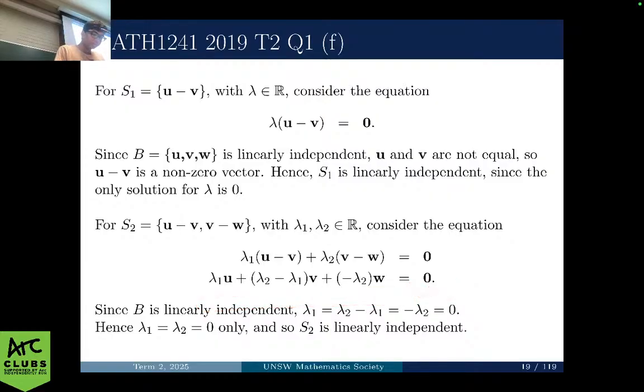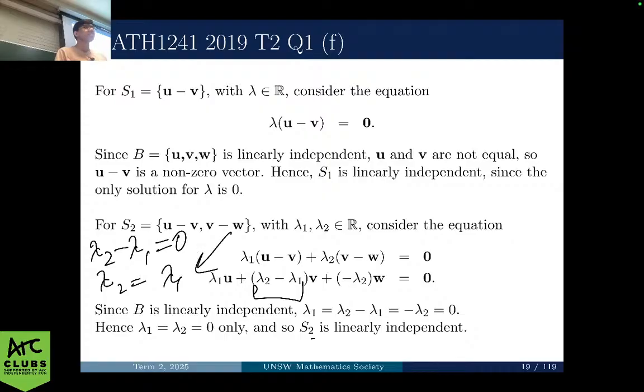Well, we already know that the set of u, v, and w is linearly independent. So we know the only solution where this is the case is if this term and this term and this term all equal 0. This middle term is a little problematic because I'm just saying lambda 2 minus lambda 1 equals 0. Well, that is true for any case where lambda 2 equals lambda 1, so it does not necessarily have to be 0.